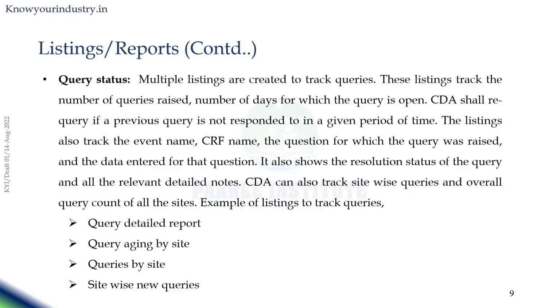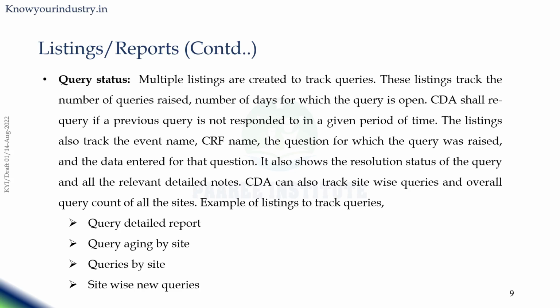So what are the listings and reports that can be extracted in terms of query management? We can extract the query detailed report, which has information like which form is involved, which visit it belongs to, what the data point is where this query was raised, and what data was entered, or a blank if it is blank.